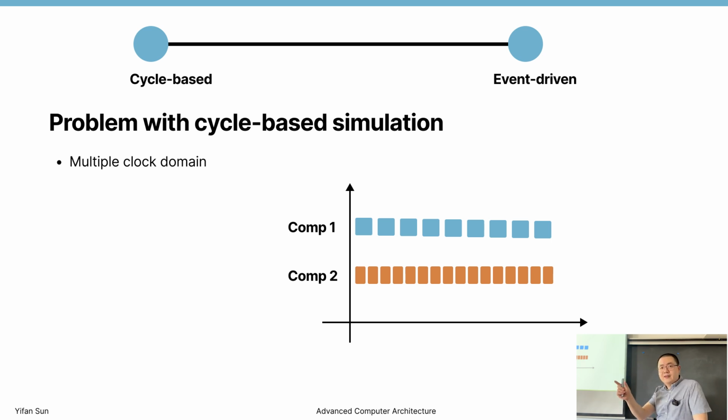Those are very analog circuit design, so that's not something we're talking about. But I just want you to know that a digital circuit can run with different parts at different clock domains. Sometimes even one component can change its clock frequency.